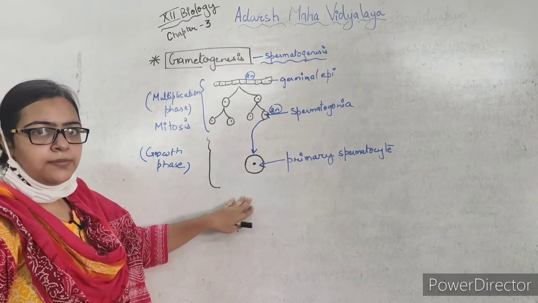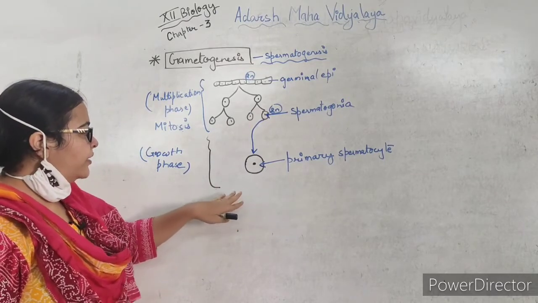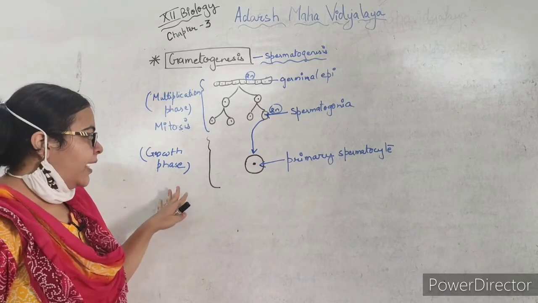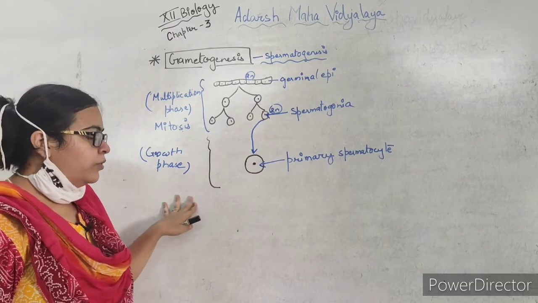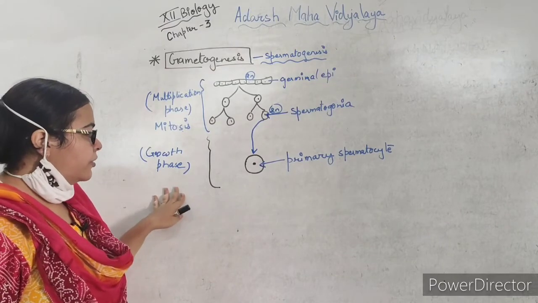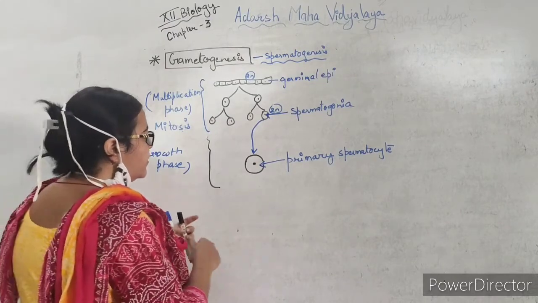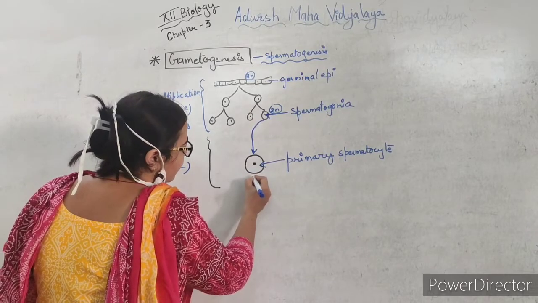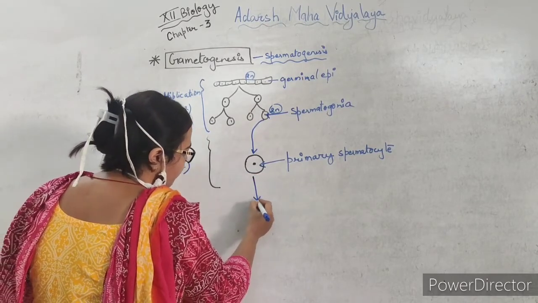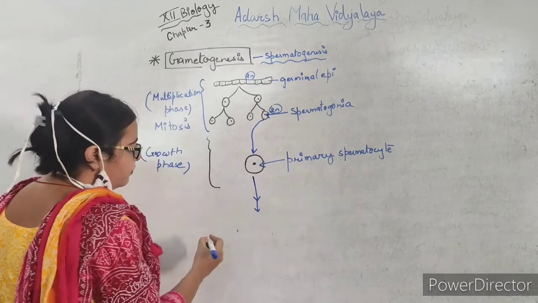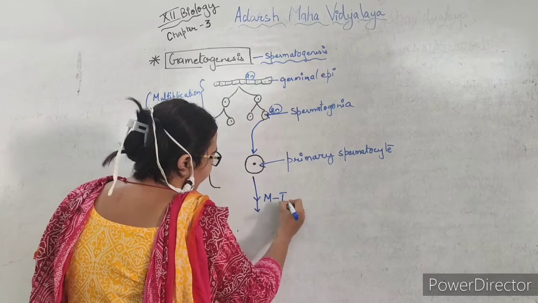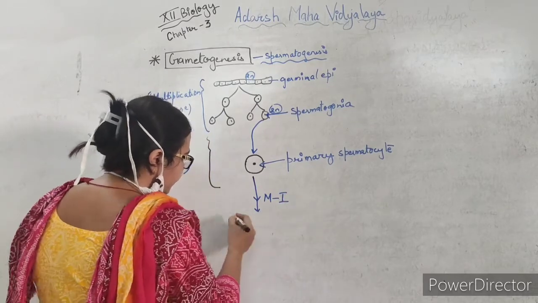Now this primary spermatocyte will undergo the next phase, that is the maturation phase, and that will involve the division, that is meiosis, the reduction division. So this primary spermatocyte will now undergo the first meiosis, meiosis 1.